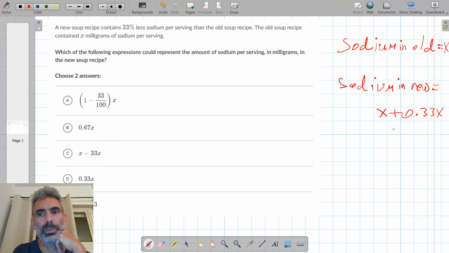Okay, so sodium in new recipe is, this is like 1 times X plus 0.33X, which is 1.33X.